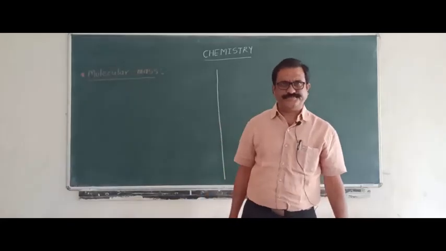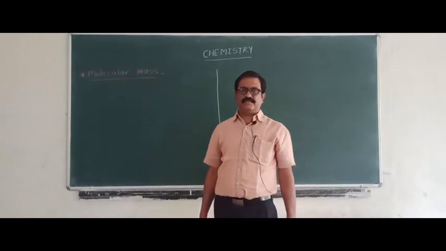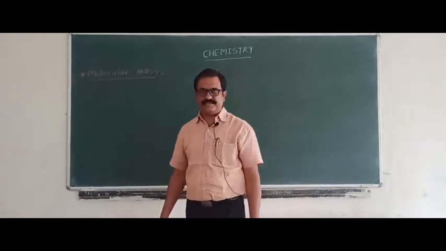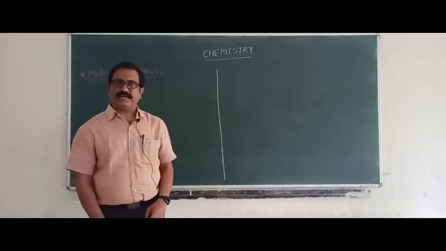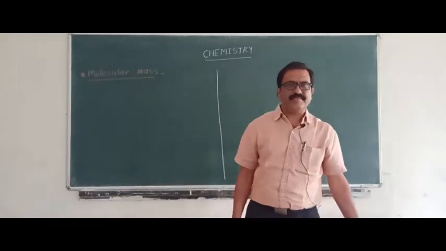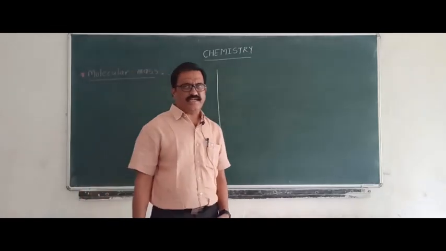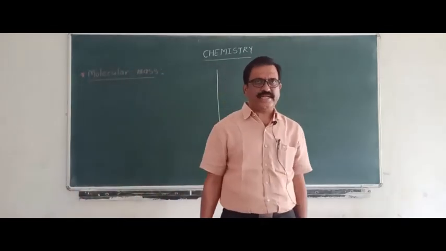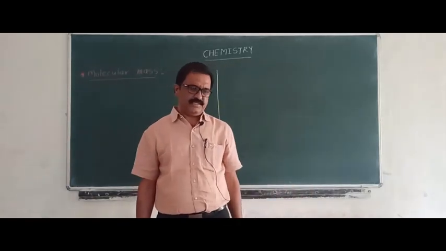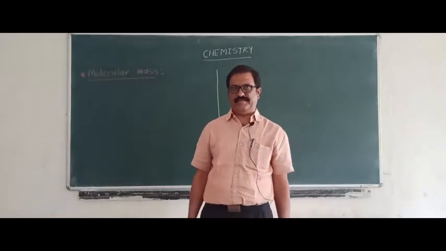Hello students, in the last video we learned about atomic mass, then average atomic mass. The atomic mass of an element is due to the fundamental or subatomic particles present inside the atoms, that is proton, neutron and electrons, while the average atomic mass is due to the presence of isotopes of the elements.